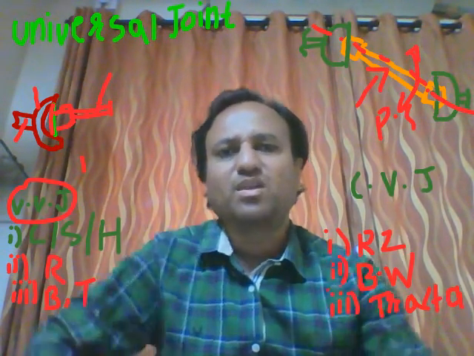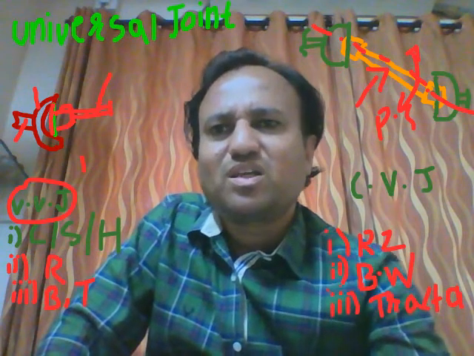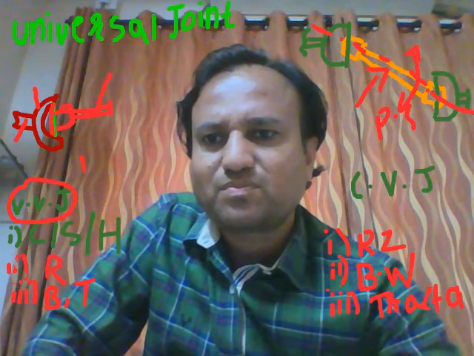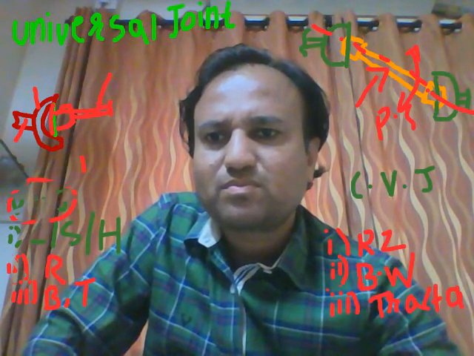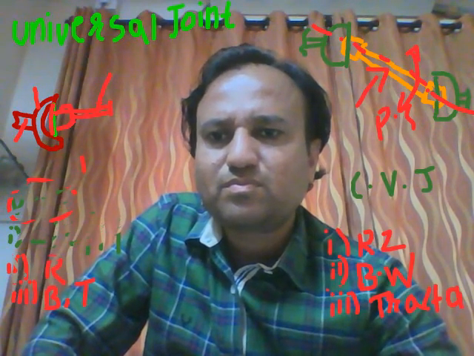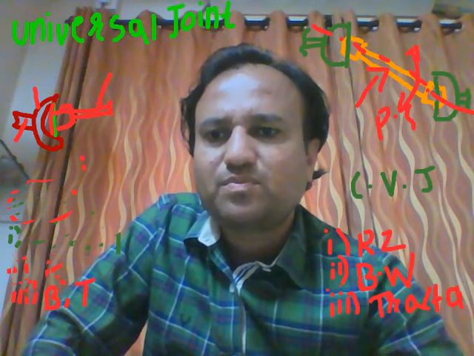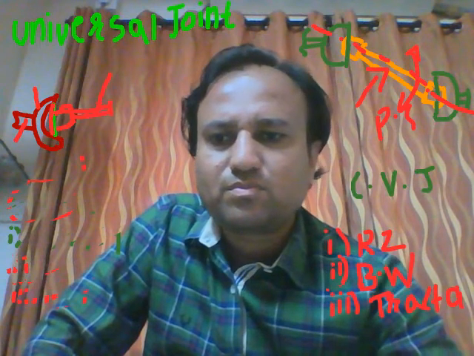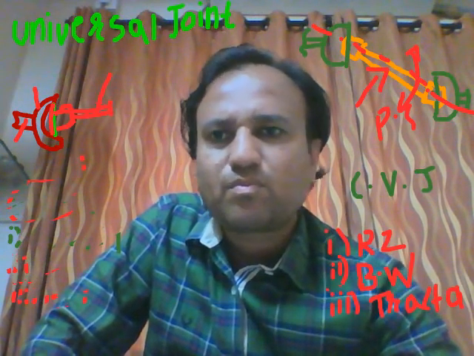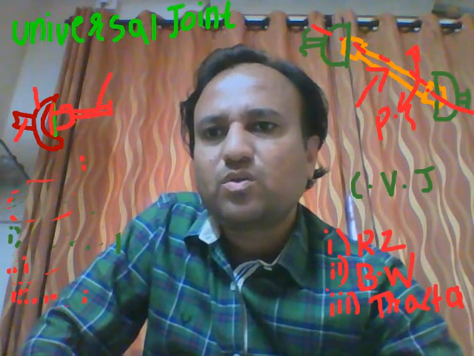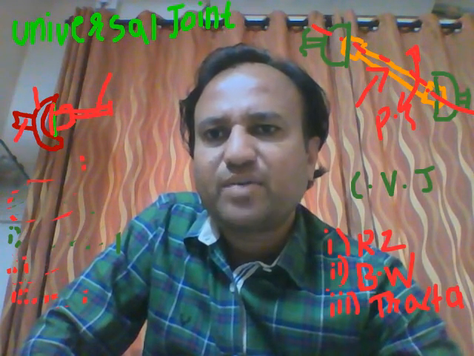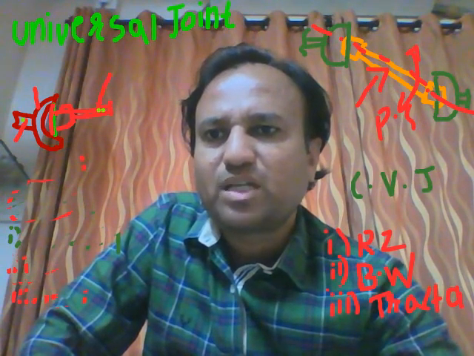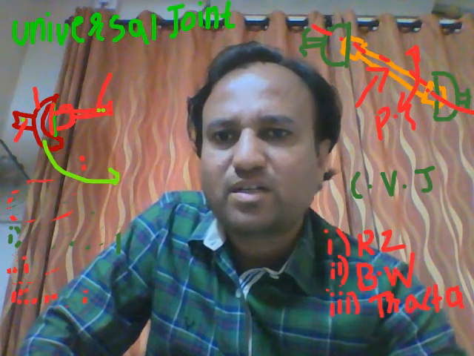Student, the construction of the generalized universal joint, that is the hook joint, we will discuss. So this is the driving shaft, and the driven shaft. The driving and driven shafts are connected with the help of a universal joint. This is the driving yoke.